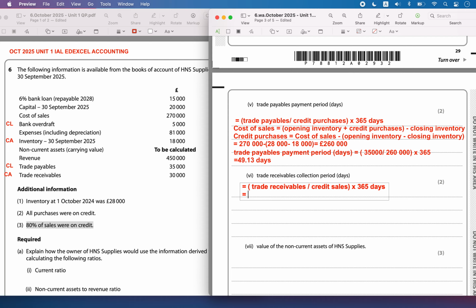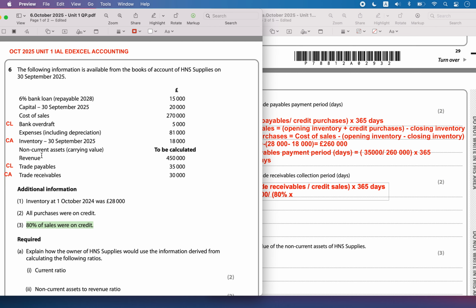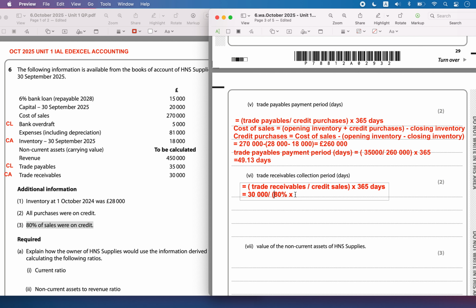So trade receivables was 30,000, divided by 80% of revenue, the sales that has happened. Revenue is 450,000.